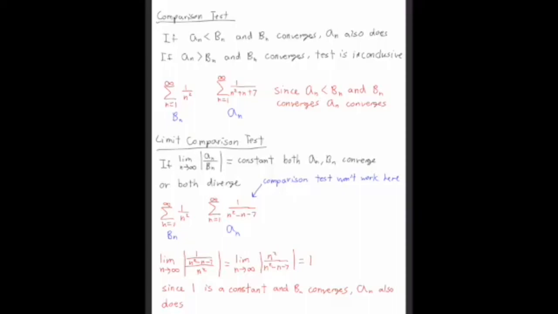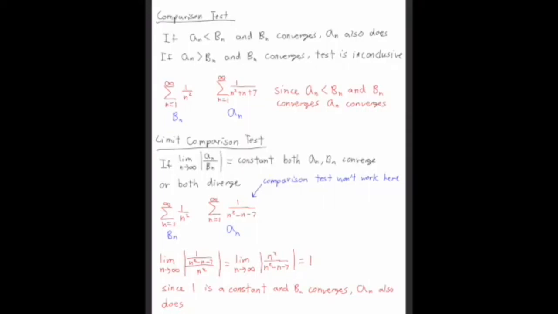So the limit comparison test is also useful when the comparison test doesn't work. It's pretty much saying if the limit as n approaches infinity of a of n over b of n is equal to a constant, both a of n and b of n converge or they both diverge. So the same thing as last time, set b of n to 1 over n squared since you know it converges.